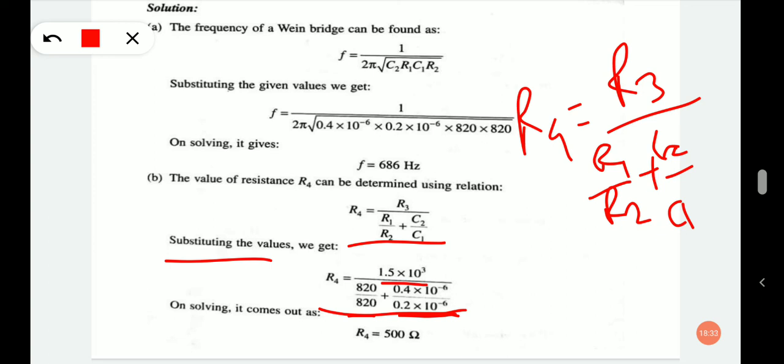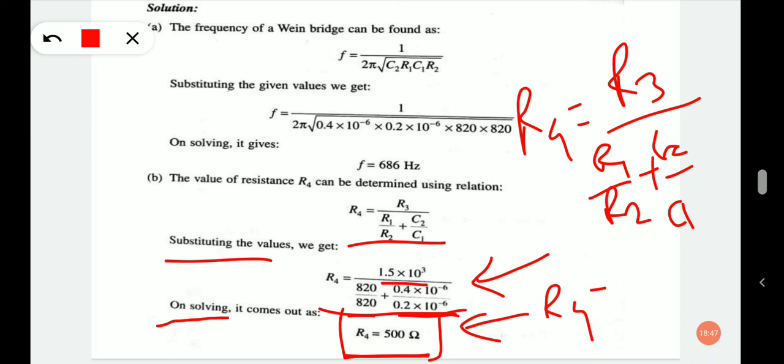For microfarad, 10 raised to minus 6 is written. On solving this expression, we will get the value of resistance R4, that is R4 equals 500 ohm. So we get the unknown value of resistance R4.